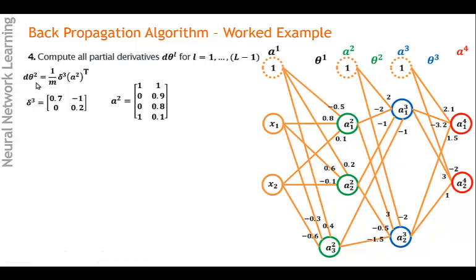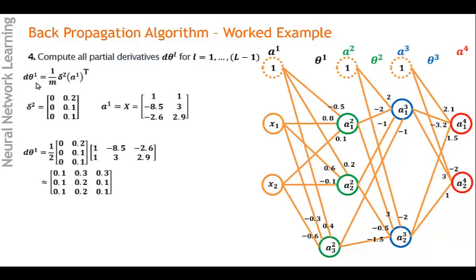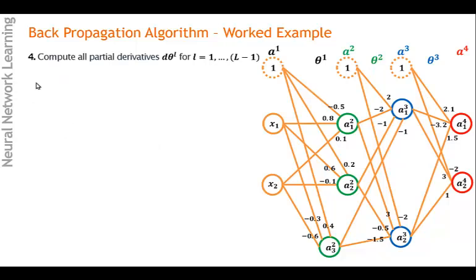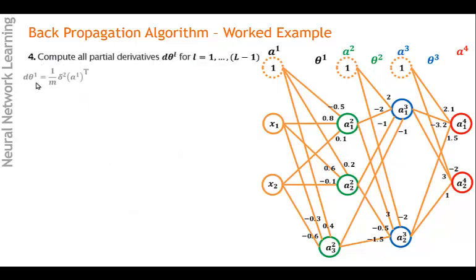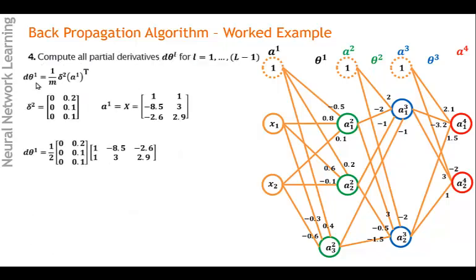I thought we already did this. So what did we do? Oh, we computed the deltas. No, all right, we computed the deltas here. All the deltas, and then you use the delta to find the change in theta, using this formula, the delta times the a.